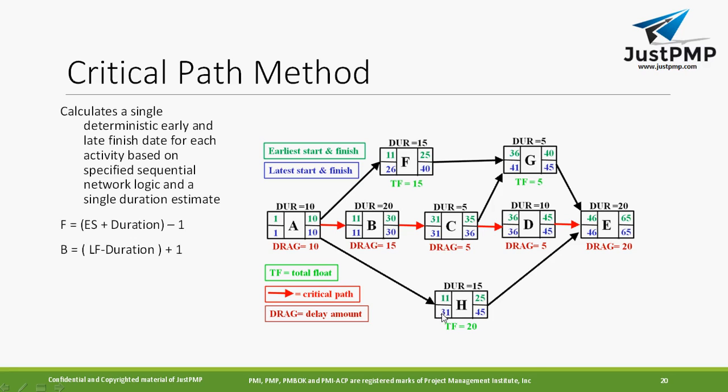So this is the latest start date, and that is 31. If it is 31, then what will the latest finish date be? Hold on. When you are calculating it, you have to see which one.